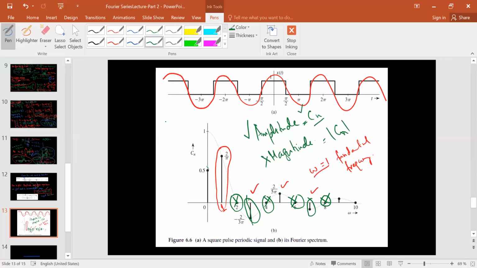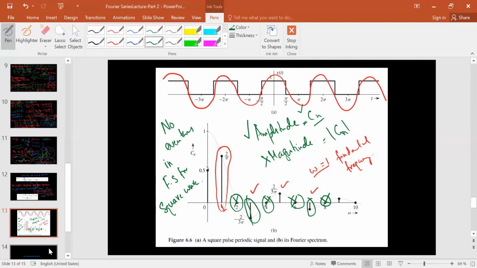So there are no even terms in the Fourier series for a square wave. So that's how the spectrum can tell you many things about the original signal.